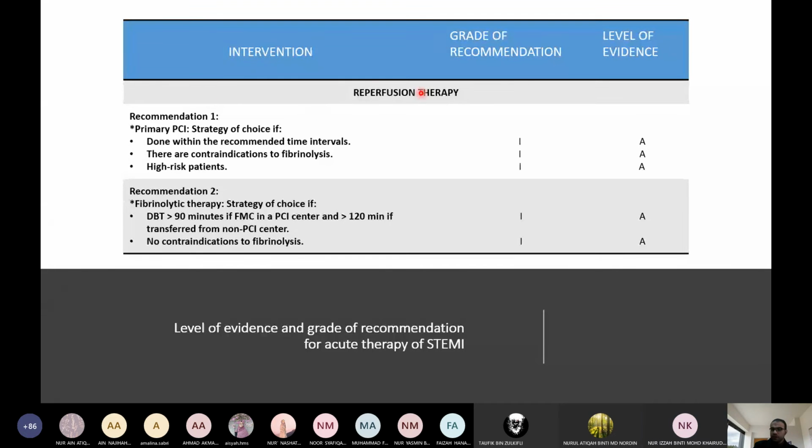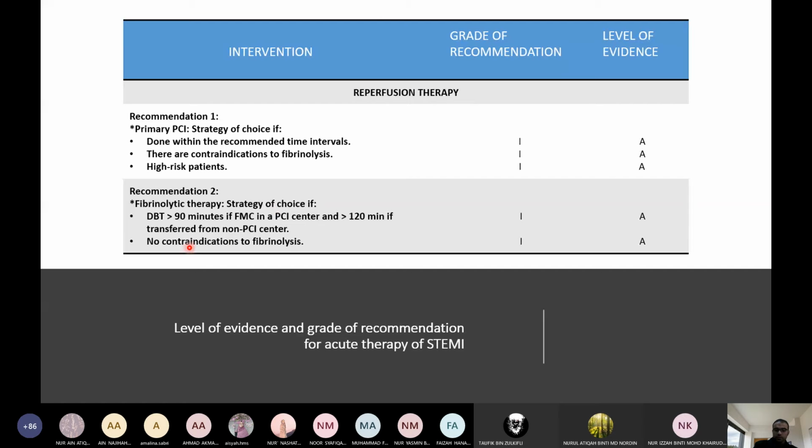So the reperfusion therapy to be offered in the STEMI patient is primary PCI, with the recommended time interval of 90 minutes. There are contraindications to fibrinolysis and high-risk patients. Fibrinolytic therapy, though with prolonged time, is used if PCI is not possible within 90 minutes at first medical contact in a PCI center, or more than 120 minutes if transferred from a non-PCI center.